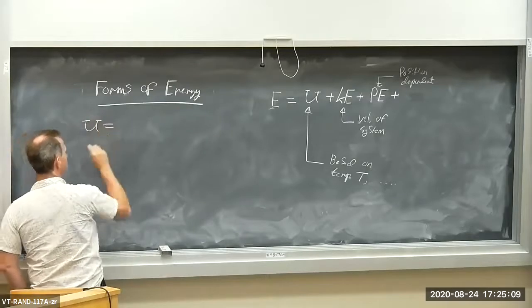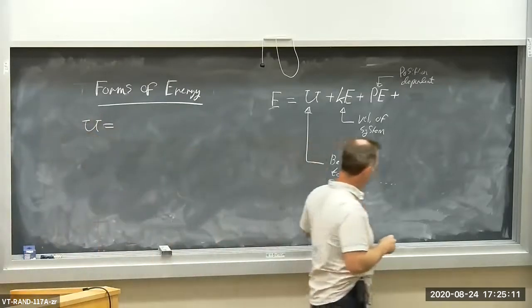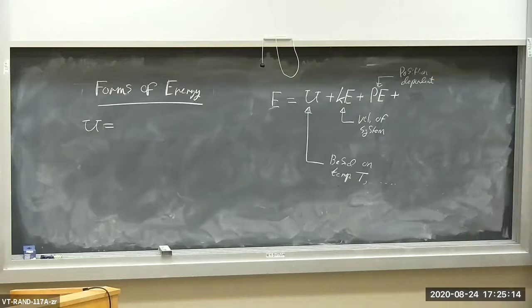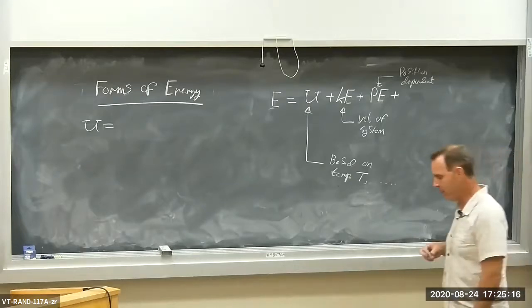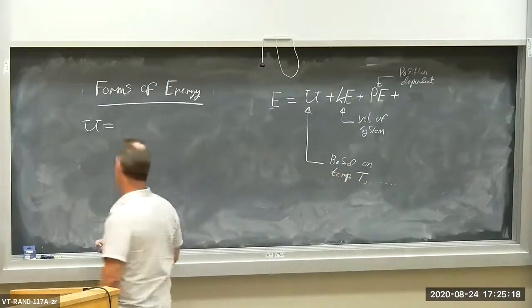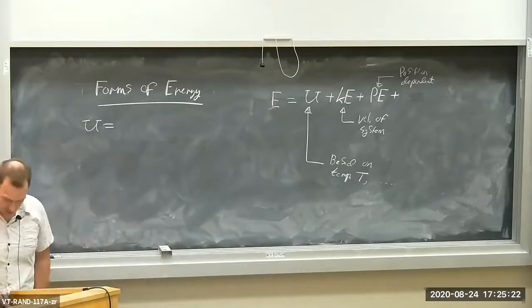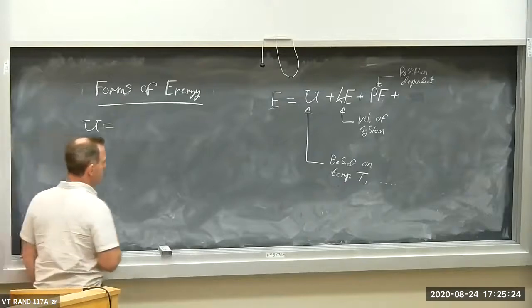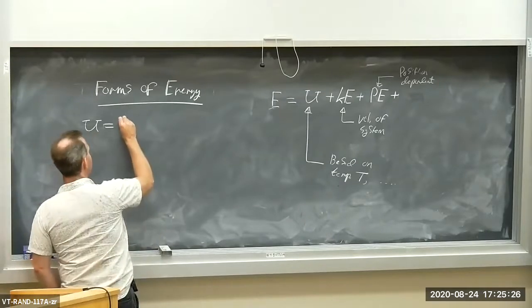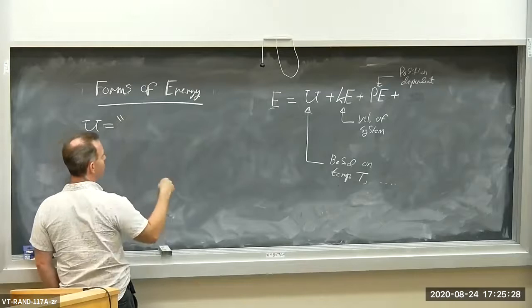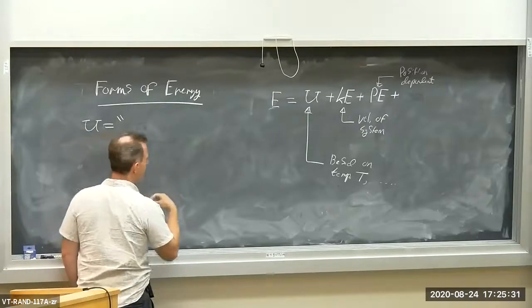It's based on the temperature, or how hot the system is, and a bunch of other stuff. So internal energy is composed of the sum of a bunch of other kinds of energies.